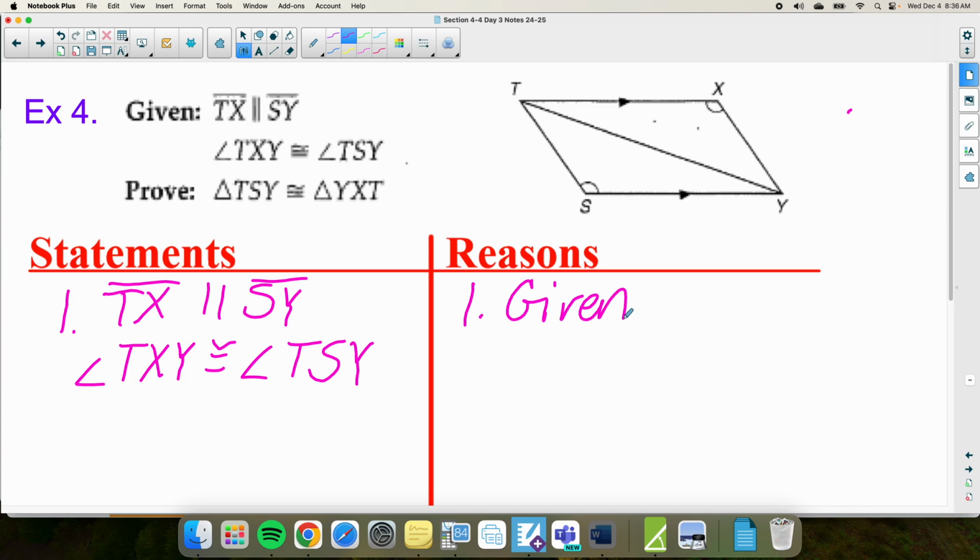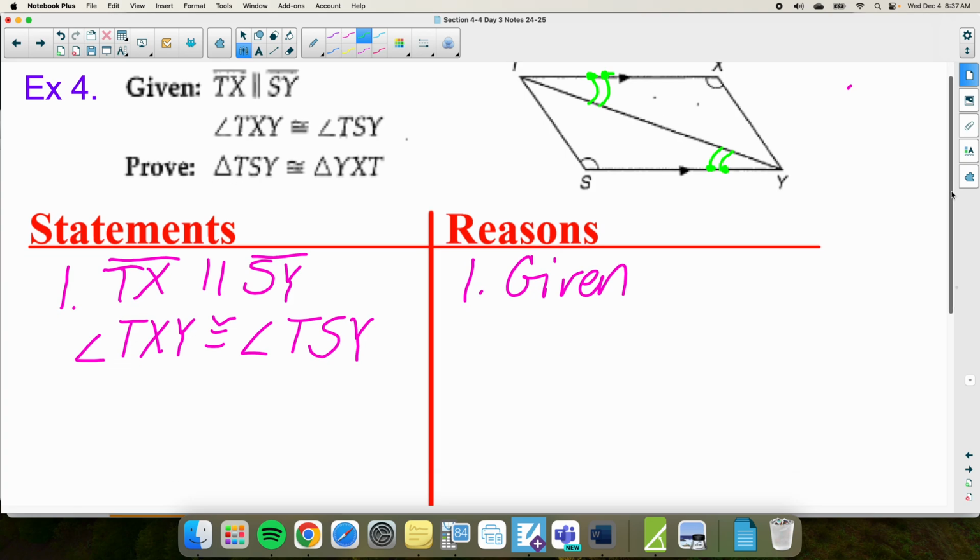Now, if I go over here, I have the two angles that are congruent marked, and I have the parallel lines. When you have parallel lines, you want to look for alternate interior angles. And do you guys get, if these two are parallel, that the alternate interior would be this one and this one? They're the two that touch my parallel lines.